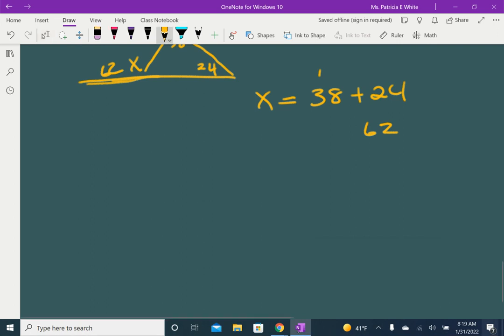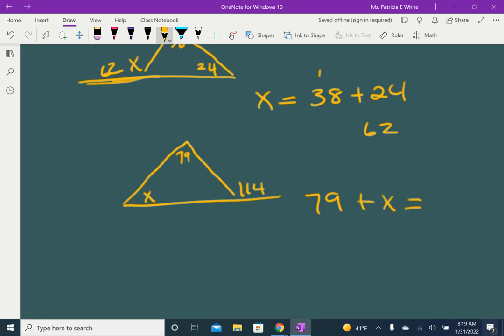All right, number 4, I have a 79 and x as one of the interiors, and then my exterior is 114. So this one is going to be in equation form. You're going to have 79 plus x equals 114.